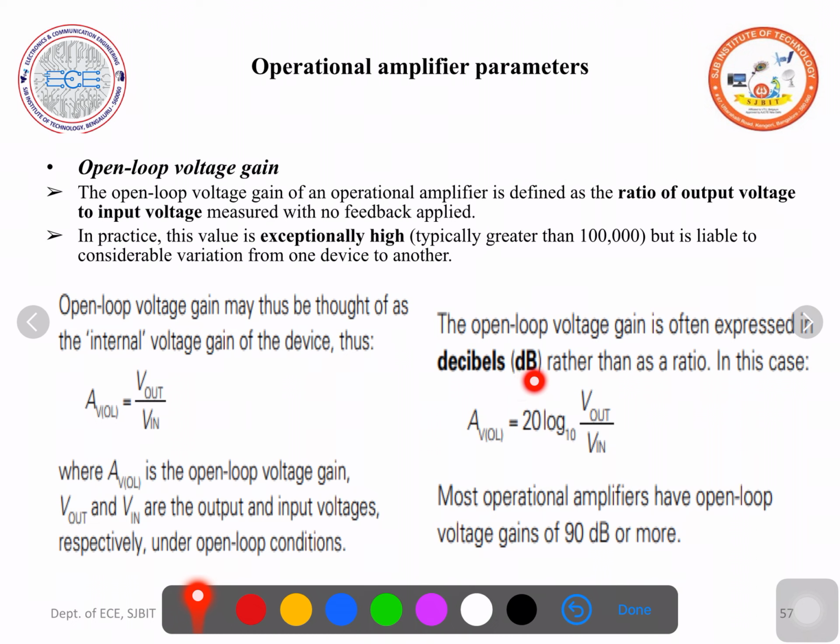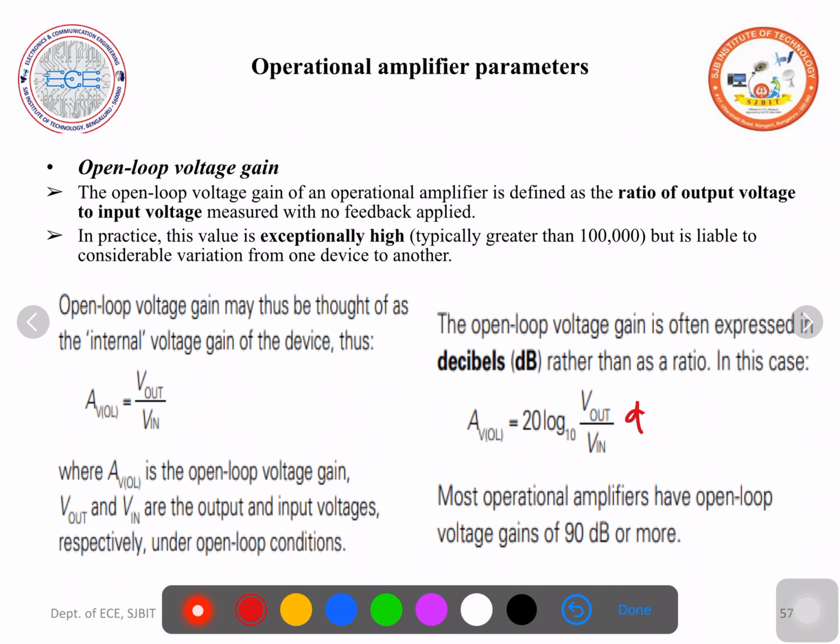Usually this open loop voltage gain is expressed in decibels. If you observe here, d is a small letter, B is a capital letter. This Bell is nothing but Alexander Graham Bell, who invented the telephone. So this is the name of a person, so always you must write B capital. So decibel.